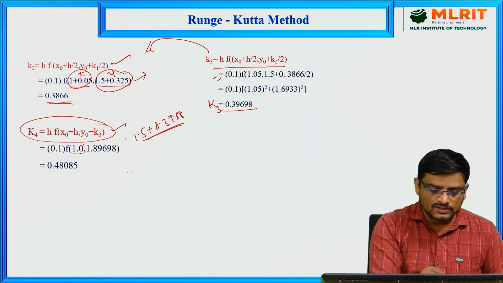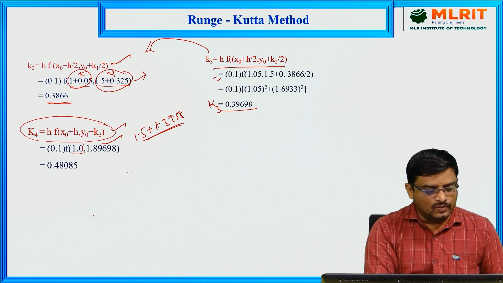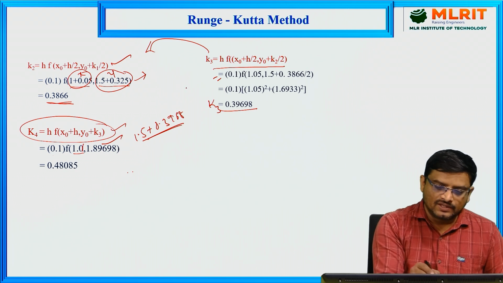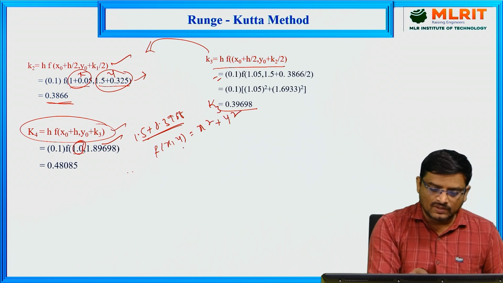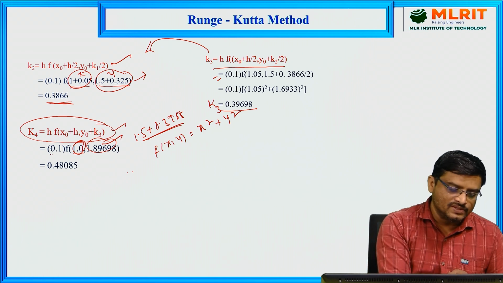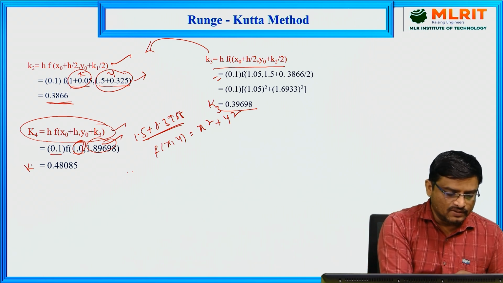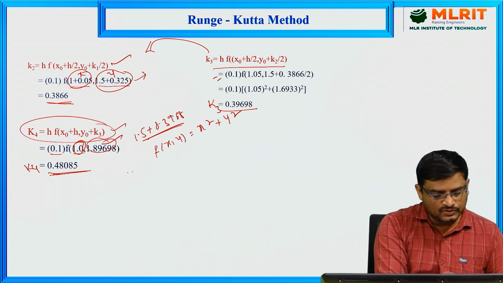You add this, you will get this value 1.89698. So now replace the function f of x comma y is equal to x square plus y square. In place of x replace with this value, in place of y replace with this value and simplify, and then you multiply with 0.1, you will get our k4 value. So this is our k4.